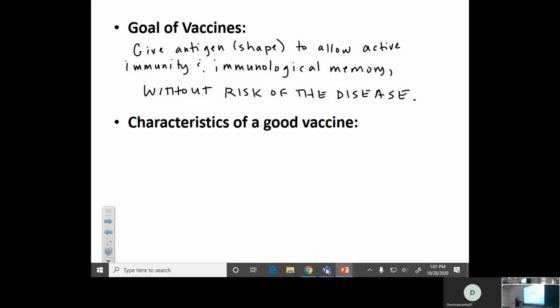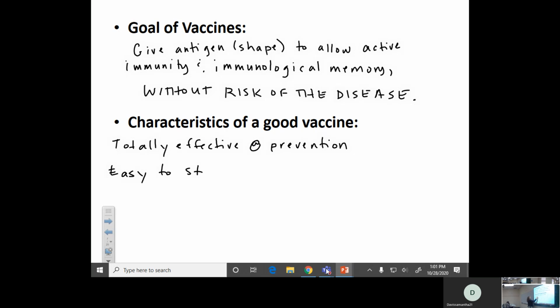If it works perfectly, this is how a good vaccine would work. It would be totally effective at prevention, it would be easy to store, distribute, and administer. It should be easy to store the vaccine.